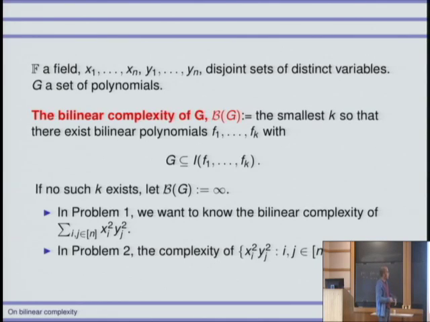I should emphasize there is no restriction on G in this case, just an arbitrary set of polynomials, but you care only about polynomials in which every monomial contains x and contains y. Otherwise, the complexity is infinite, and so every monomial contains xi times yj for some i and j. So it's sufficient without loss of generality for f1 through fk to be just xi times yj. There are n squared of those.